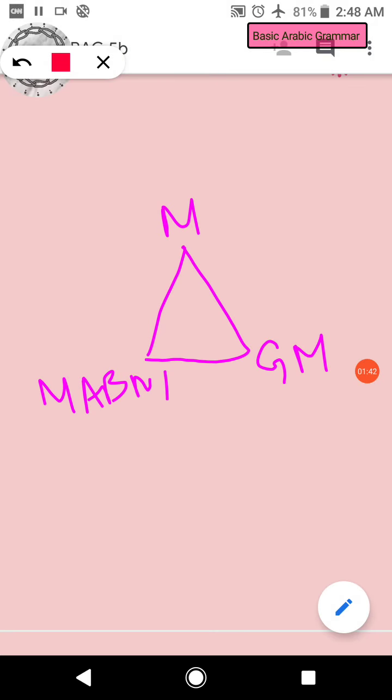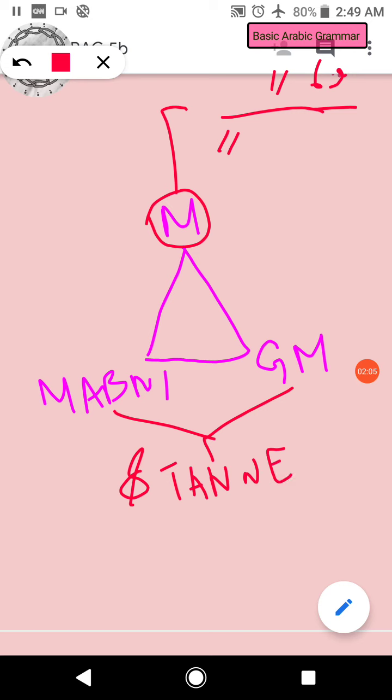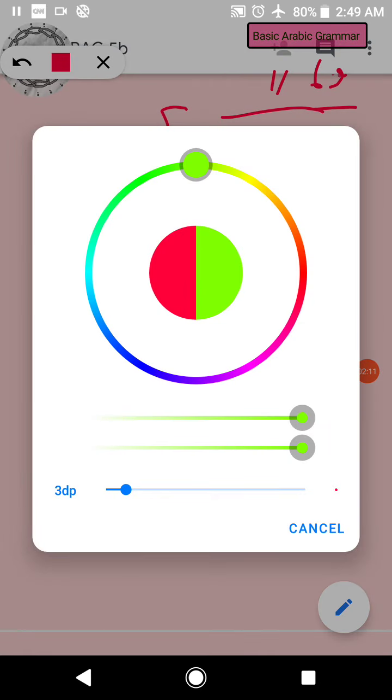Number one, all the Munsarif Asma carry a tanween. Neither of these two have a tanween. So this was the first point. What's the second one?